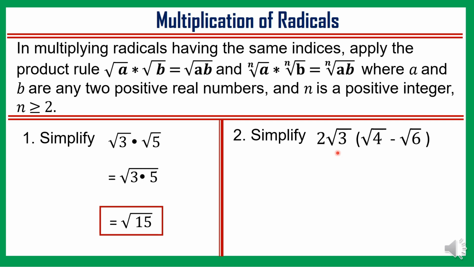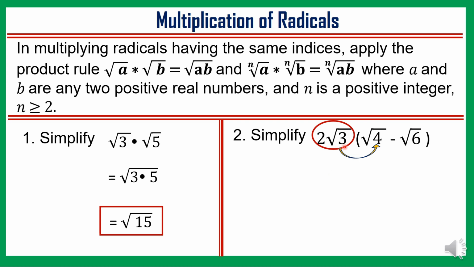So, let's start to simplify this. Si 2 square root of 3, imumultiply natin dito kay square root of 4. Ang 2 ay hindi natin pwedeng i-multiply directly doon sa loob ng terms na nasa radical symbols. Kagaya ng 2 times 4. Si 4 ay nasa loob ng radical symbol, so hindi po yan pwede.